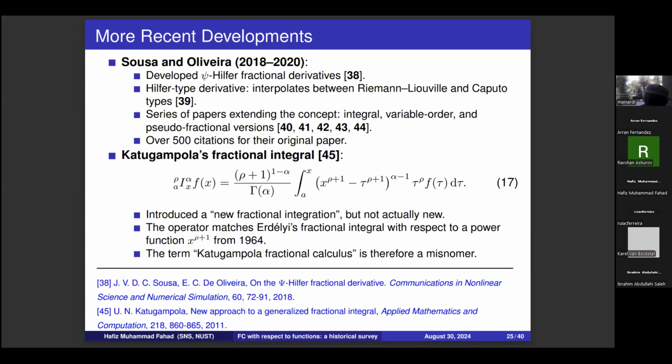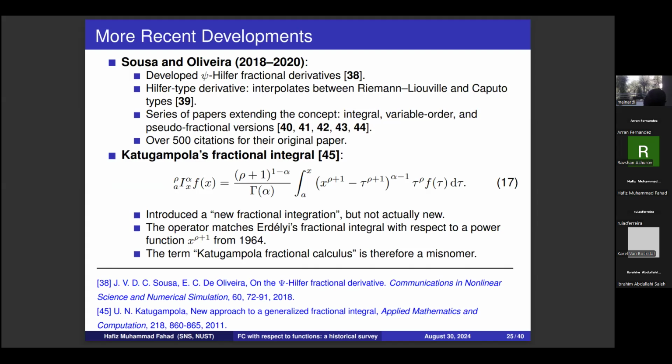This definition interpolates between the Riemann-Liouville and Caputo type derivatives. They published a series of papers on integral, variable order, and pseudo-fractional versions, and their original paper has got over 500 citations so far.